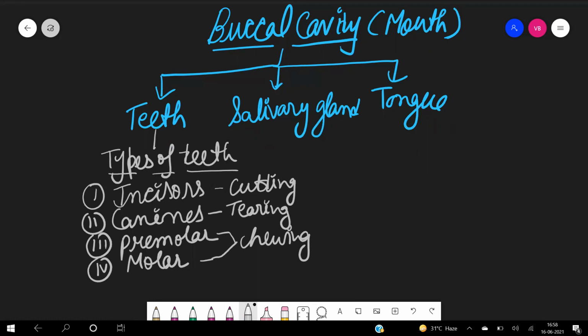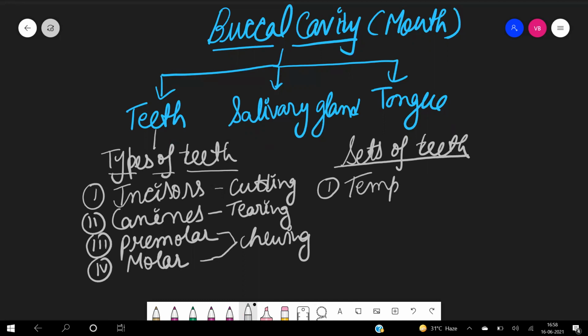Okay. Now, if we talk about sets of teeth. We have 2 sets. The first one is known as temporary teeth, and the second one is permanent teeth.